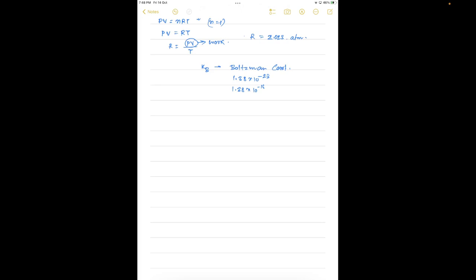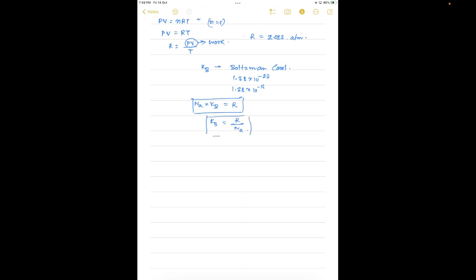So actually it is a constant, and if you multiply Avogadro number with KB, you will get R. So R equals Avogadro number times KB. If you want to get KB from R, you just divide R by Avogadro number.